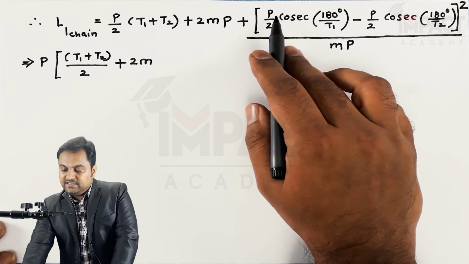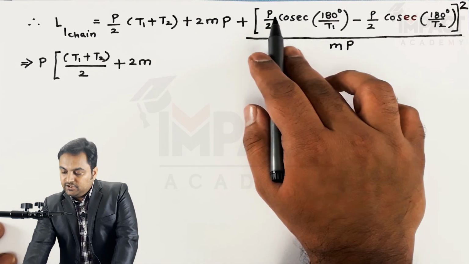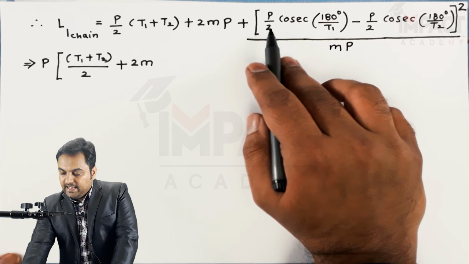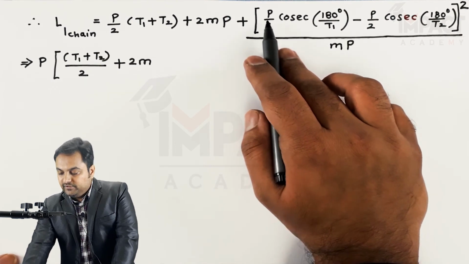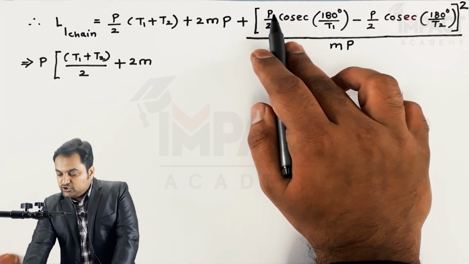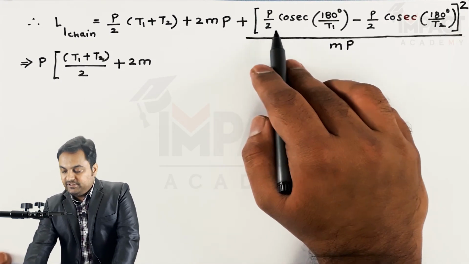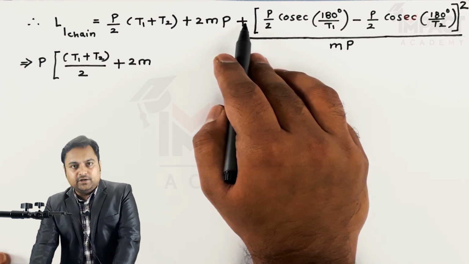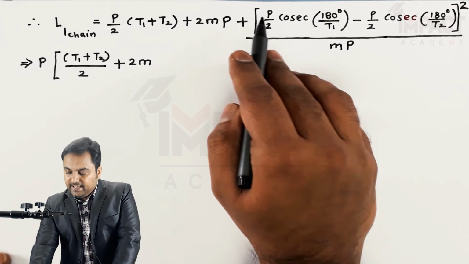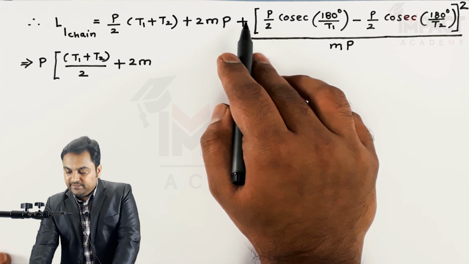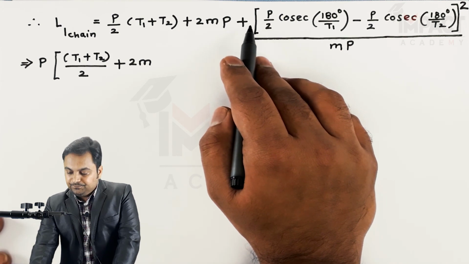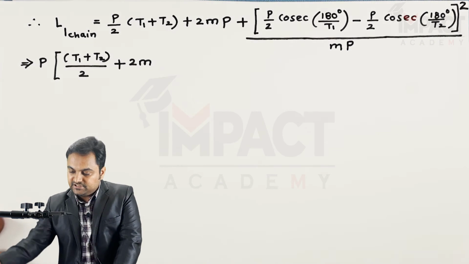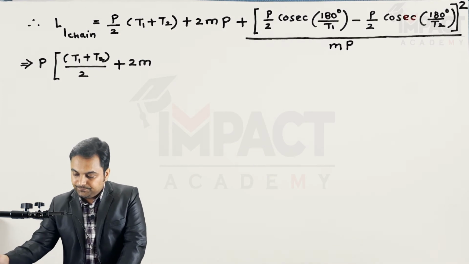As it was p whole square which was taken outside, and since this is p by 2, it will be p square divided by 4, that 4 will go into the denominator and p square would be taken outside. Then p and p would be cancelled, so out of that p square only p remains, so that p would be taken outside, and inside whatever is left I am going to write over here.